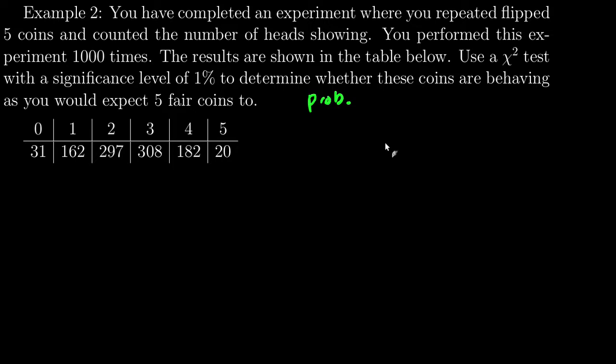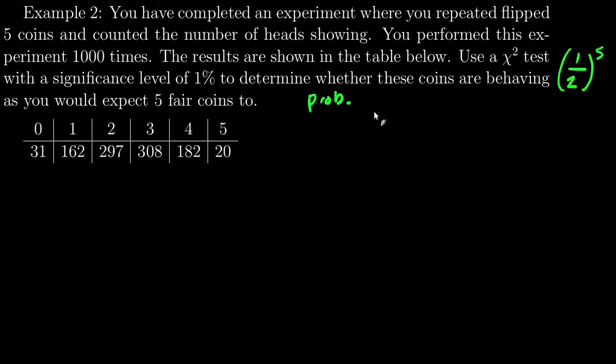And how I'm going to do that is with a little combinatorics. So I know that any of the possible outcomes is going to be 1 over 2 to the 5th, or 1 over 32.